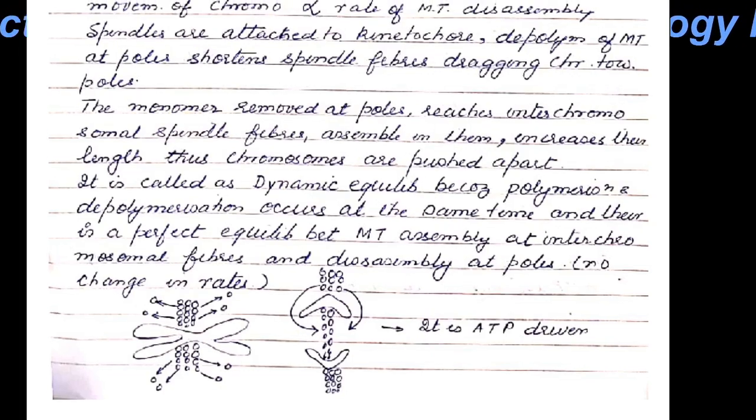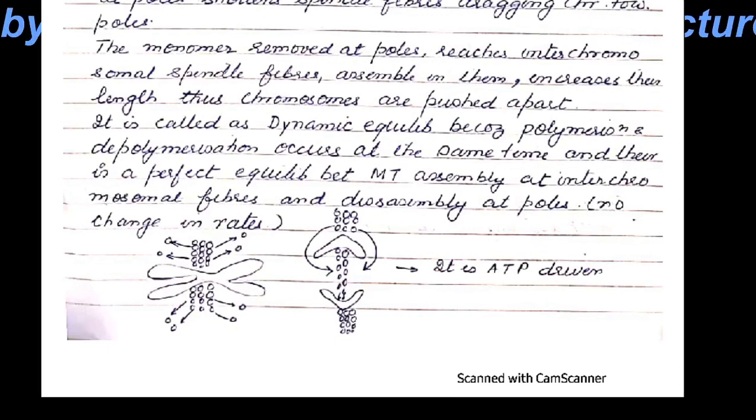You can understand this from this diagram, drawn there at the bottom. I'm talking about the diagram on the left of your screen: this is the metaphasic chromosome, and at the middle you can see the centromeres, and to the centromeres we have attached spindle fibers, and you know that spindle fibers are made up of microtubules.